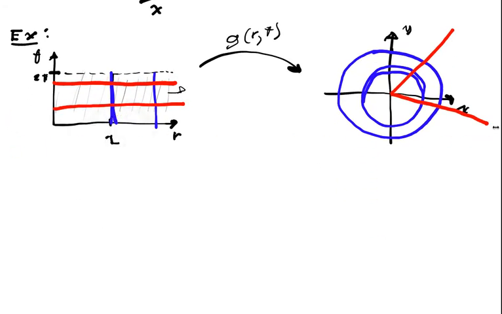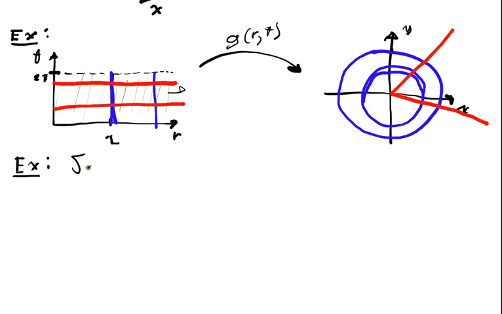So really the utility here is that this reparameterization allows us to do derivatives and integrals more readily. And so it's very helpful to just compute exactly what that warping factor is.